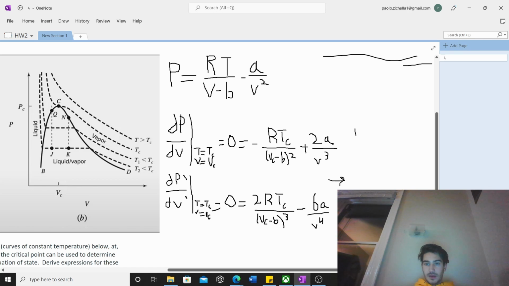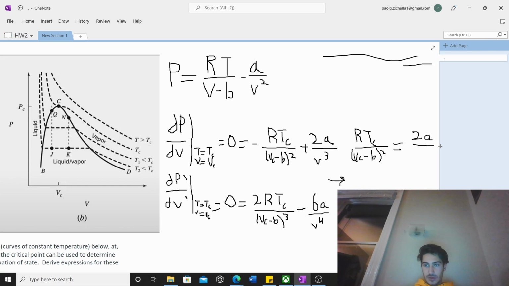So now rewriting these equations, we have R times the specific temperature at the critical point, all over Vc, or the volume at the critical point, minus b, the constant b, squared, is equal to 2a all over v cubed.